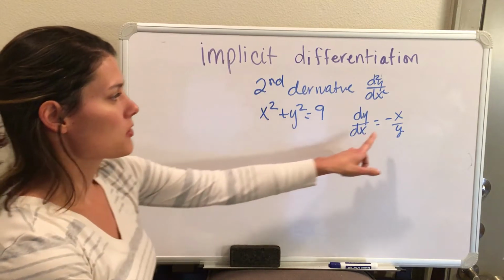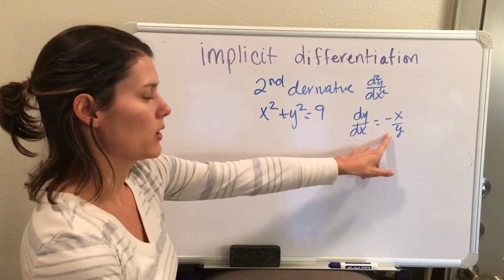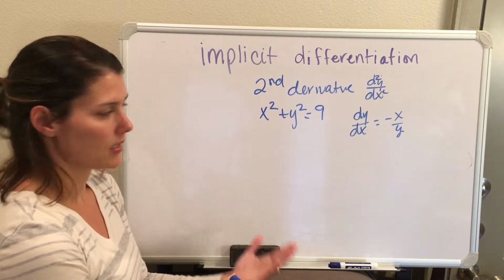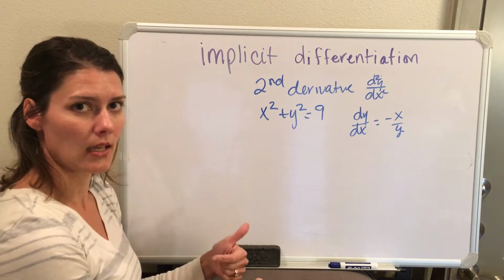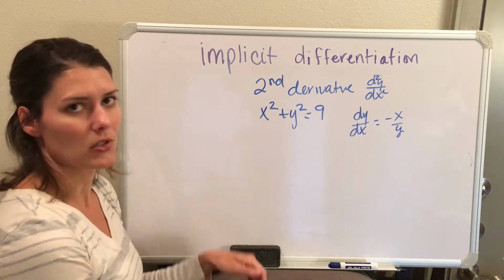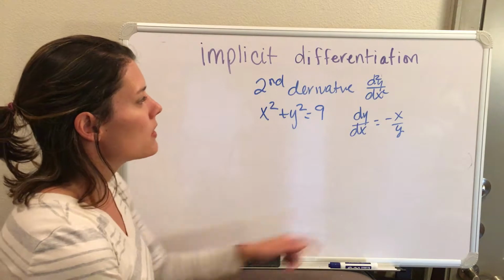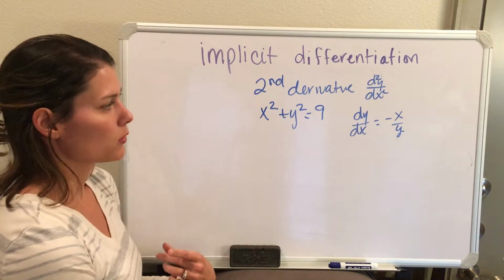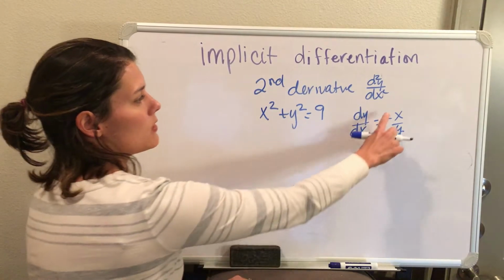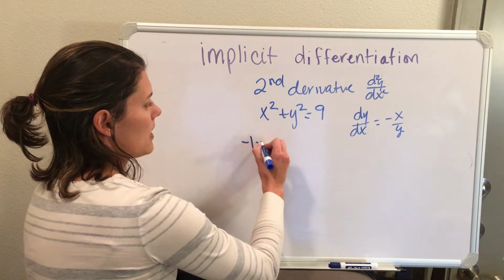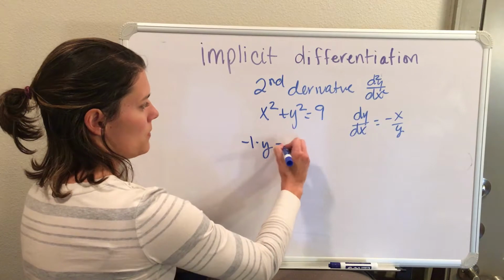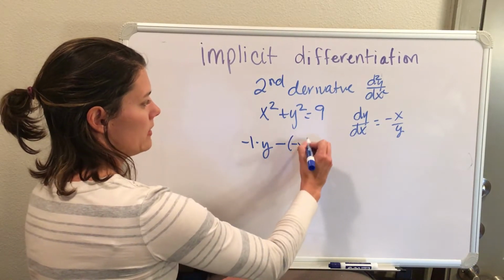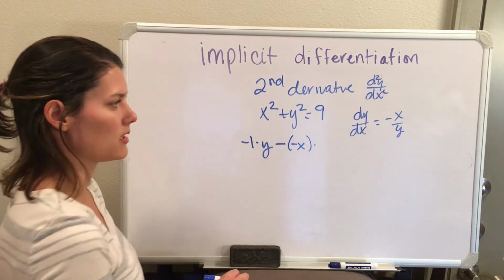So you need to find the first derivative like we did, which is this one, and you want to make sure it's as simplified as it can be because you have to use it again, and you don't want to have any numbers in there that you don't need. So to take this derivative again, I will have to use the quotient rule. The quotient rule is the derivative of the numerator times the denominator minus my numerator times the derivative of the denominator.